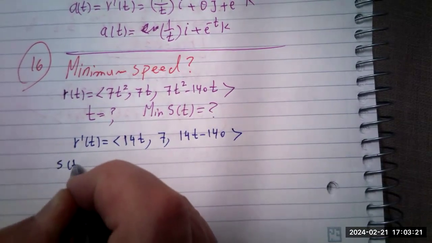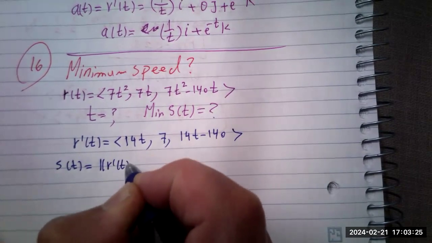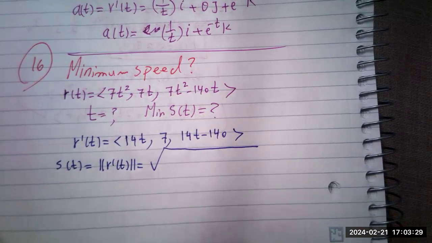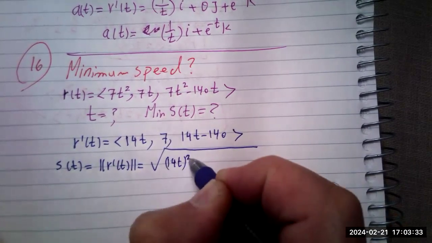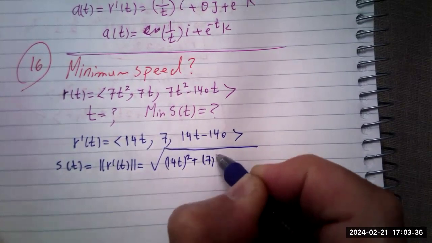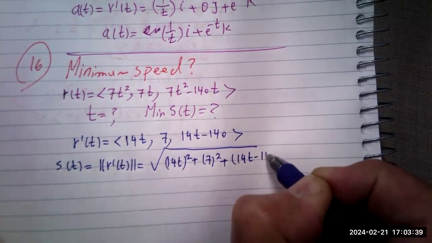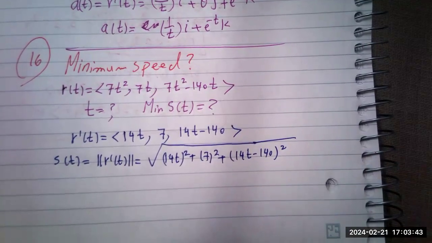So s of t, the speed, is the norm of r prime of t. So it's going to be the square root of (14t) squared plus 7 squared plus (14t minus 140) squared. You have to simplify it because you want to minimize it.